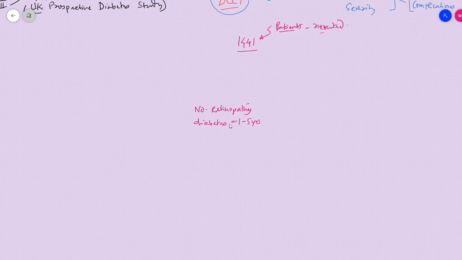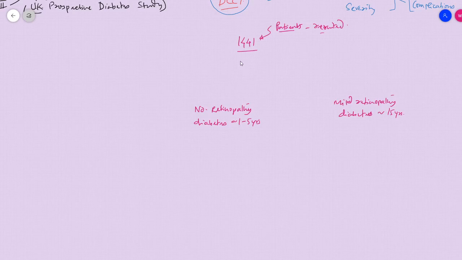The other group should have mild retinopathy, and they should have had diabetes for about 15 years. This was what was advertised: we are going to do a trial and we need volunteers, and based on these criteria, they recruited.